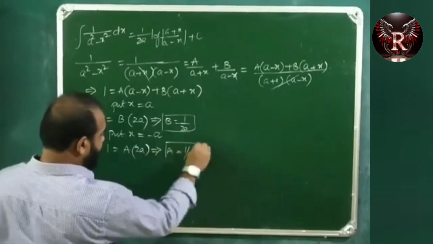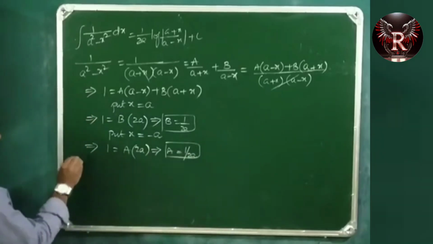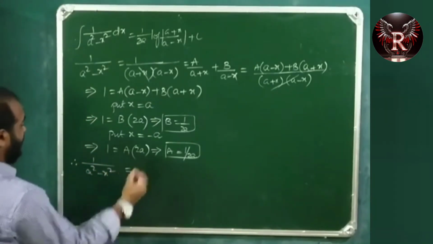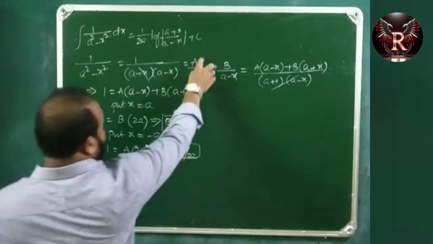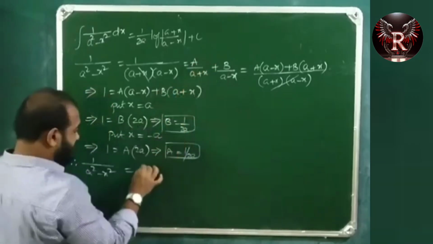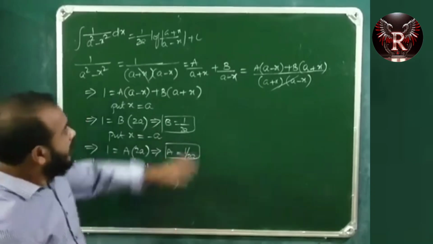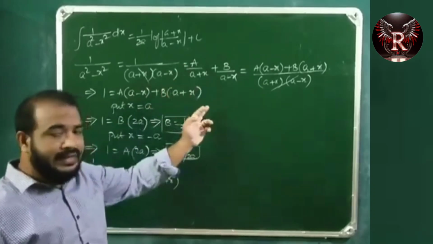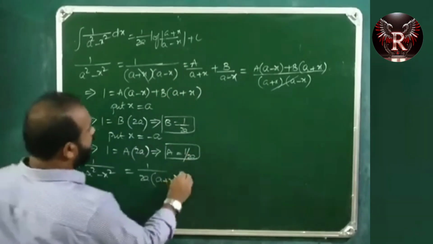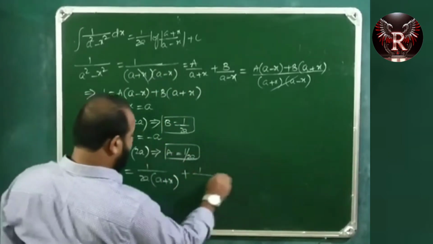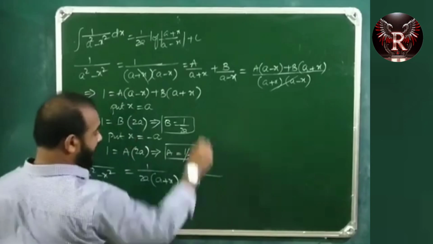Therefore, 1 by a square minus x square is equal to the value of A, 1 by 2a by a plus x, that is 1 by 2a into a plus x, because a by b by c is a by bc, plus the value of B, 1 by 2a by a minus x.